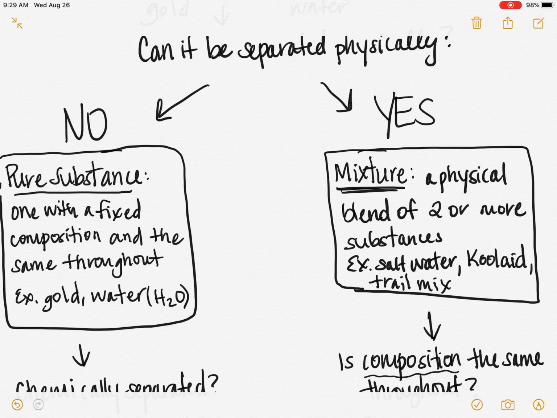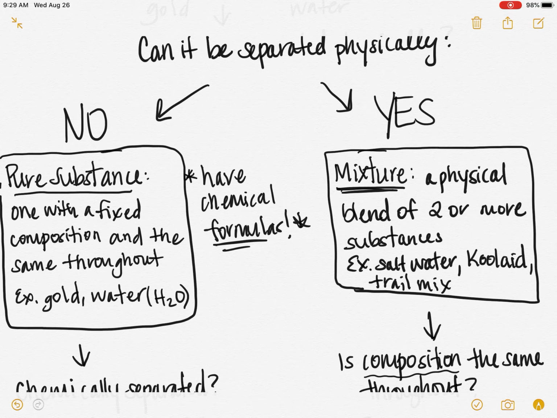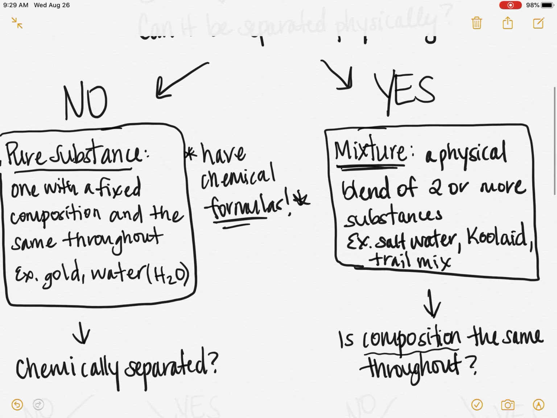So one interesting thing about a pure substance, and you might want to add this, is that pure substances have chemical formulas. Mixtures do not. So that's a very big difference between pure substances and mixtures. So now you might ask, well, what's the chemical formula for gold? And we're going to get to that in just a minute.